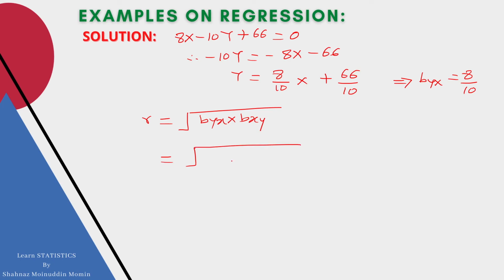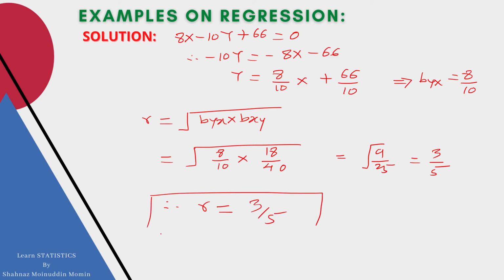Substitute the values of regression coefficients, we get 8 upon 10 into 18 upon 40, which, after simplifying, is 9 by 25, that is equal to 3 upon 5. Hence, the correlation coefficient between x and y is 3 by 5.